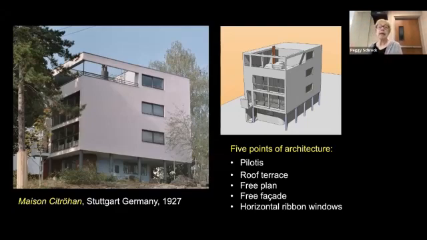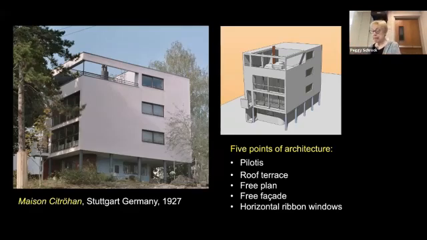The roof terrace, because these were designed to be sort of in cities where you may not have yards. So let's have a terrace on the roof so everyone gets an open space. A free plan. A free plan means that it's built in such a way, and it's a small structure. So these can be load-bearing walls, but there are still steel supports within the building.